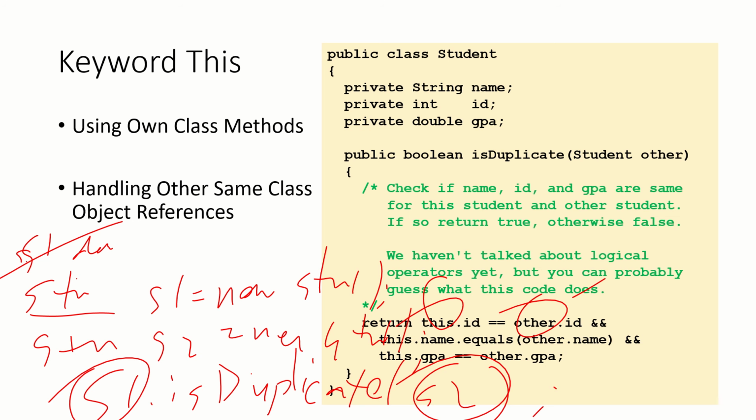Make sense? So this means S1. And in duplicate we put S2 in there. So it matches the parameter right here.